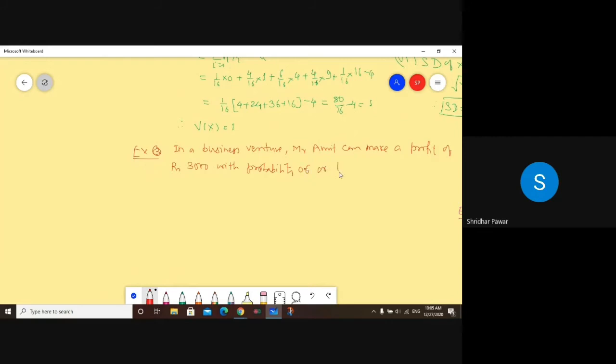take a loss of rupees 1,000 with probability 0.4.